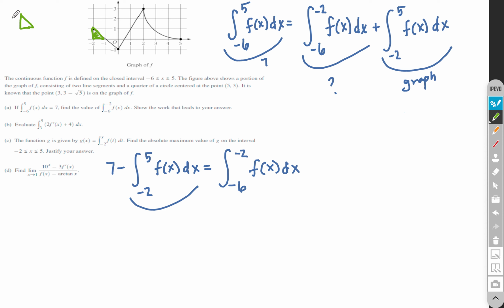This is just a triangle with height 1 and base 1. And we know the area of a triangle is equal to 1/2 times base times height. So here, the area of that little green triangle is just 1/2 times 1 times 1, which is just 1/2. So that's the first piece.